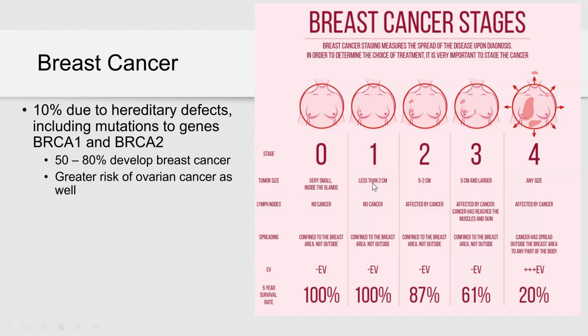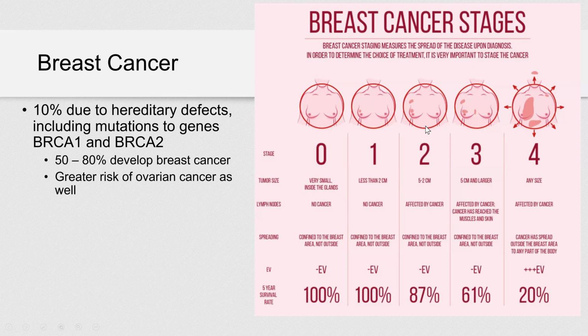Stage 1, when the tumor is less than 2 centimeters, is still not considered cancer, and it's confined to the breast area, not outside, with a 100% 5-year survival rate. I'm sorry, this is the lymph nodes, right? So stage 0, nothing in the lymph nodes. Stage 1, nothing in the lymph nodes.